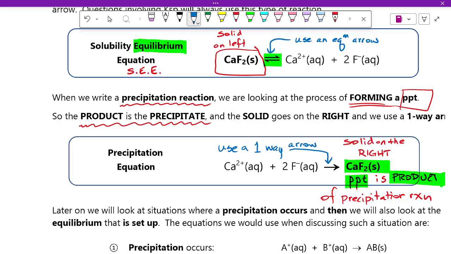And if we do, then we would do the precipitation first, and then we would show it going into equilibrium. So we would show first the precipitation equation and then the solubility equilibrium. Okay?